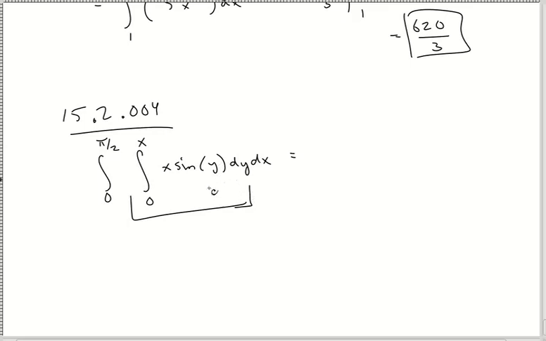Integrating in terms of y, the sine goes to a negative cosine, from 0 to x. We're so familiar with derivatives that often we don't think about going backwards. Again, be careful here. I believe I messed up on this problem because I was not careful.